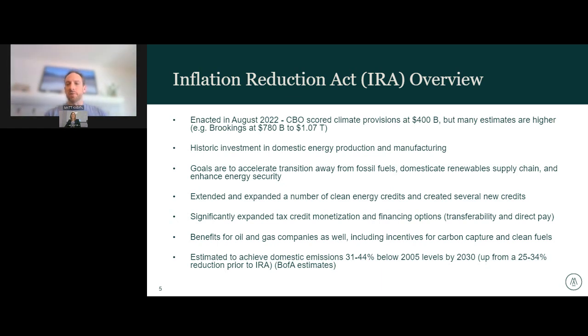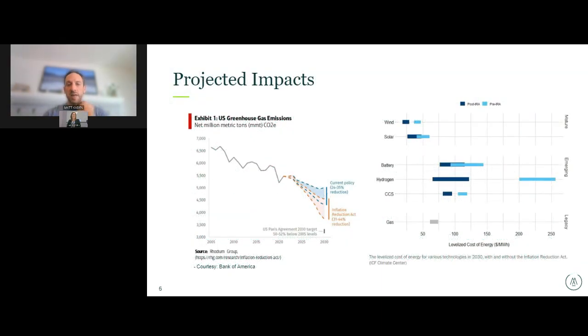2005 is an important baseline level when they talk about the climate impacts of this stuff. That's basically based on the Paris Agreement, which had a goal to cut global greenhouse gas emissions by 50% off of 2005 levels by 2030. If we go to the next slide, a chart on the left, down at the bottom, you'll see in faint gray writing on the left, U.S. Paris Agreement 2030 target, 50 to 52% below 2005 levels.